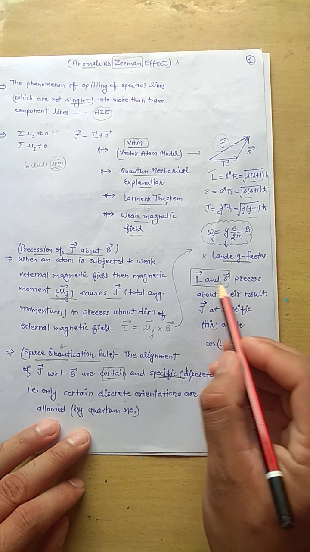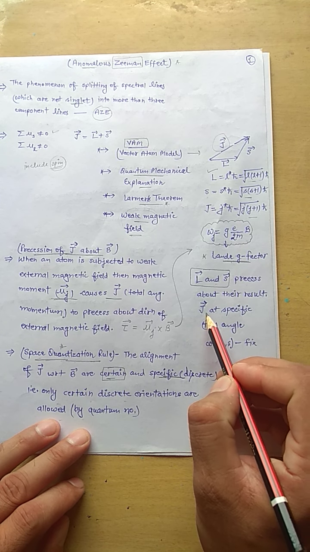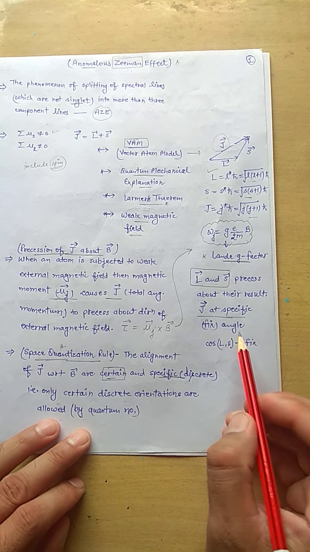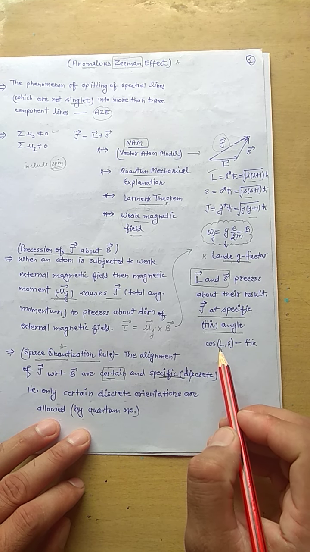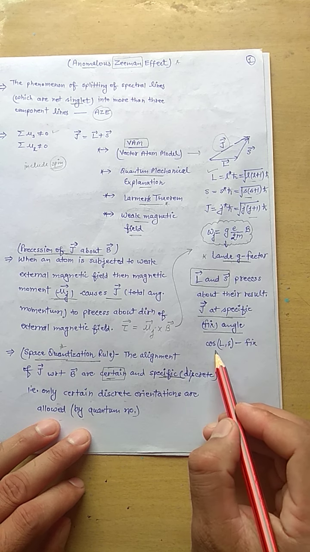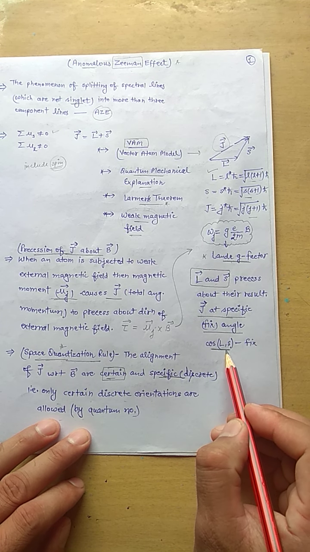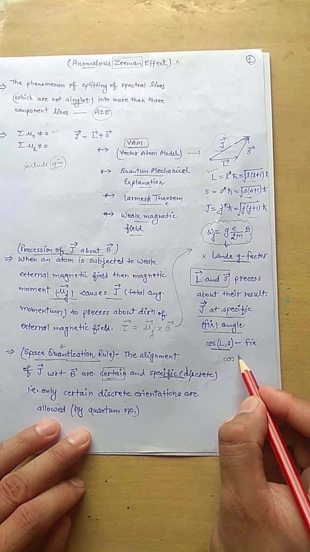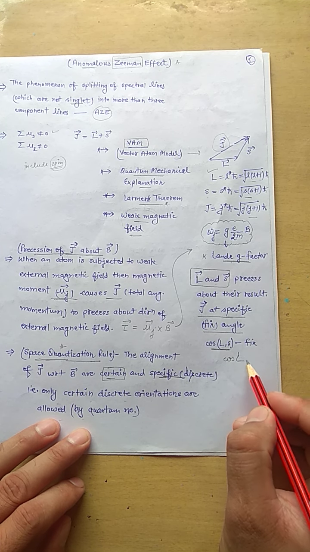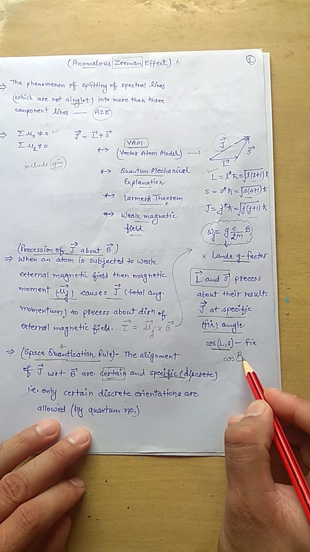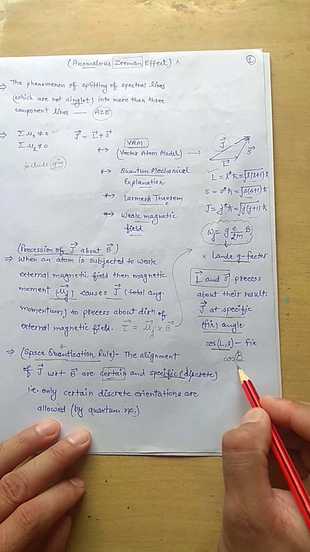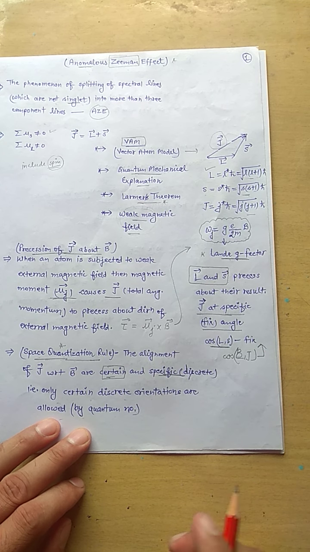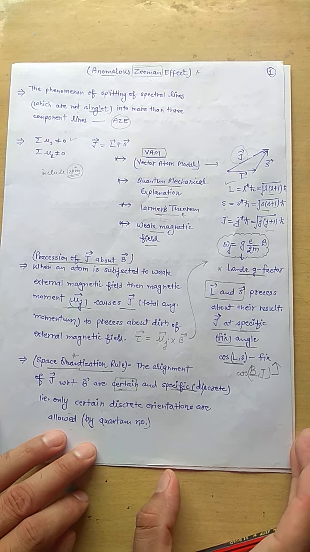So L and S feel torque, or you can say J feels torque, and it starts precession motion about the external magnetic field at a specific angle. So I want to say here that the angle between the external magnetic field B and J is also fixed. L and S is also fixed.